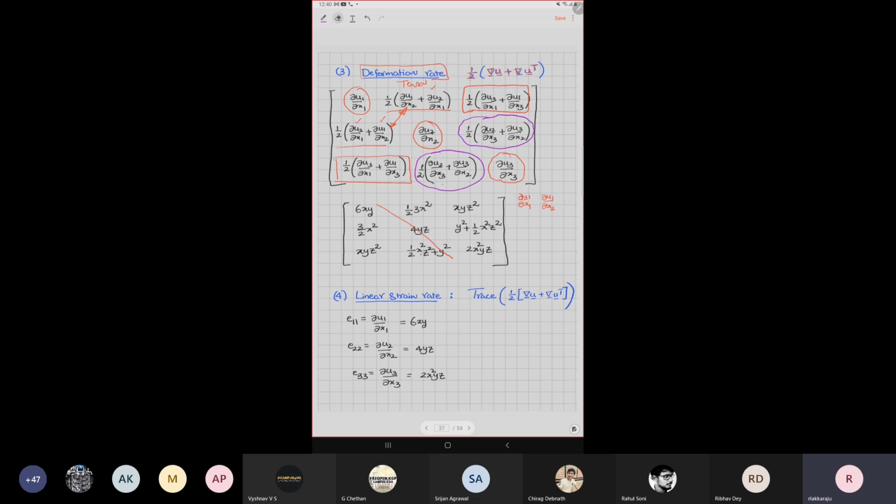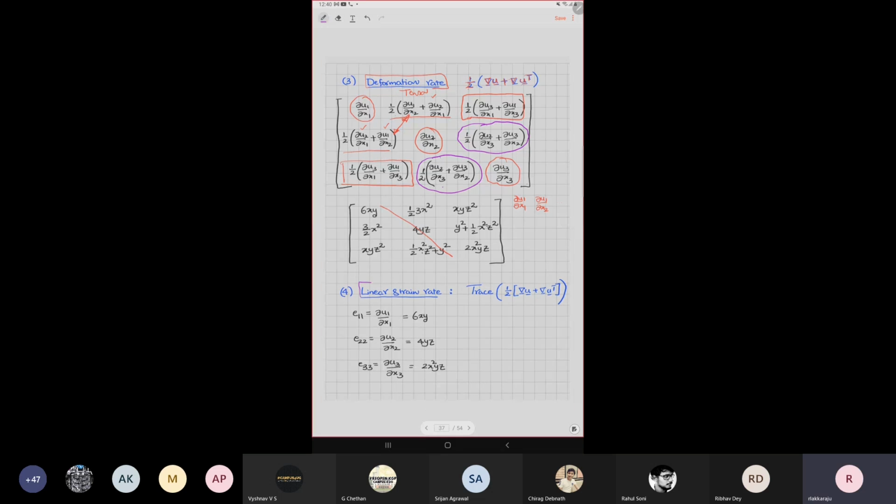The next one: if we want to really calculate linear strain rate, as I said, you take the deformation gradient tensor and calculate the trace value of that, the diagonal elements.